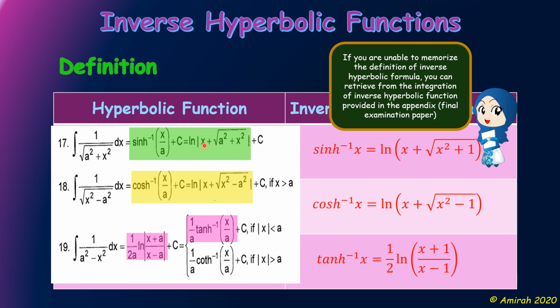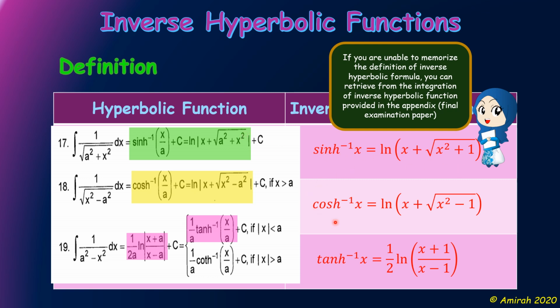But this formula is given for integration formula. You replace a by 1. So we have inverse sinh x over 1, which is x, equals to ln x plus square root of 1 squared, which is 1, plus x squared. Okay, x squared plus 1 equivalent to 1 plus x squared.